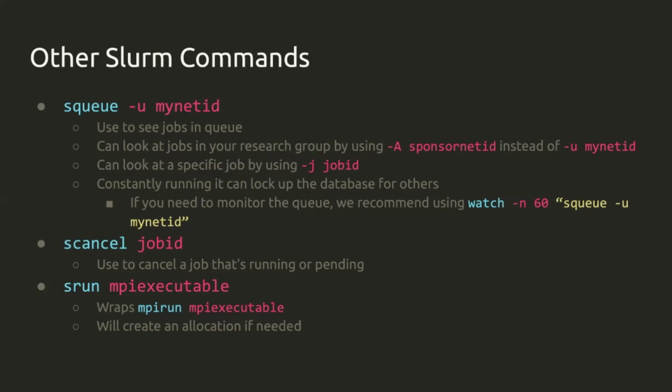You can also use it outside of a job. In that case, you'll need to make sure you're telling it the amount of time and the amount of memory and all of that. And srun will actually call sbatch and create a job for you. So that's something that can be super handy.